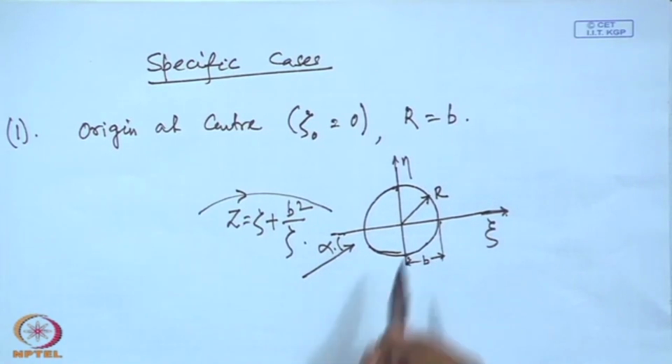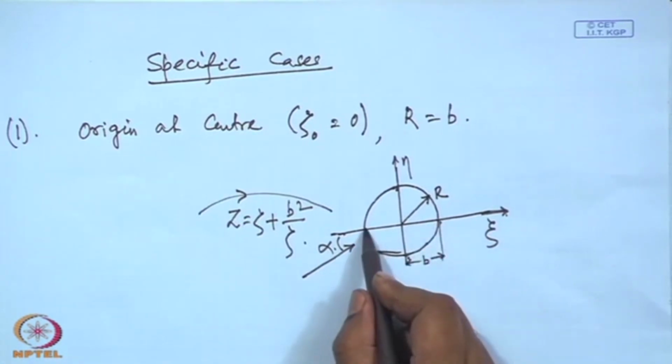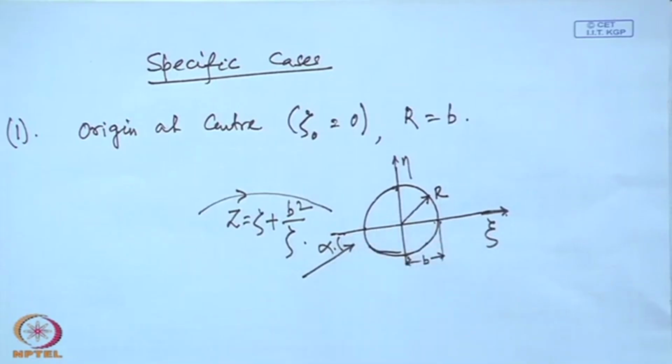First of all, you can see that in this case these and these are the two critical points, plus b and minus b. Both the critical points are on the surface of the cylinder or on the circle. Each of these critical points will be transformed to a corner.